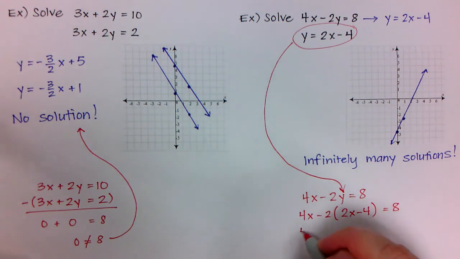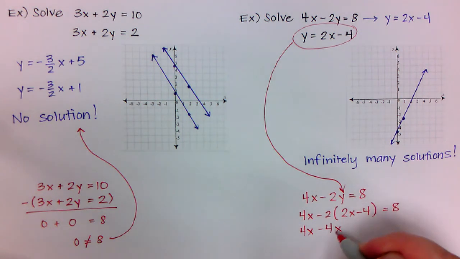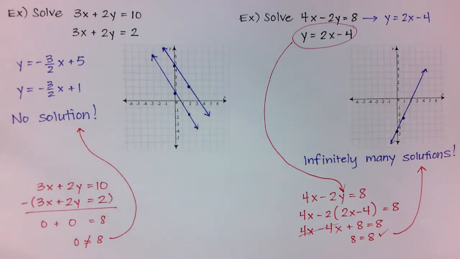So let's go ahead and work this out. 4x minus 2 times 2x is -4x. -2 times -4 is +8. And 4x minus 4x, that cancels each other out. So you just have 8 is equal to 8, which also means that it's going to have infinitely many solutions.